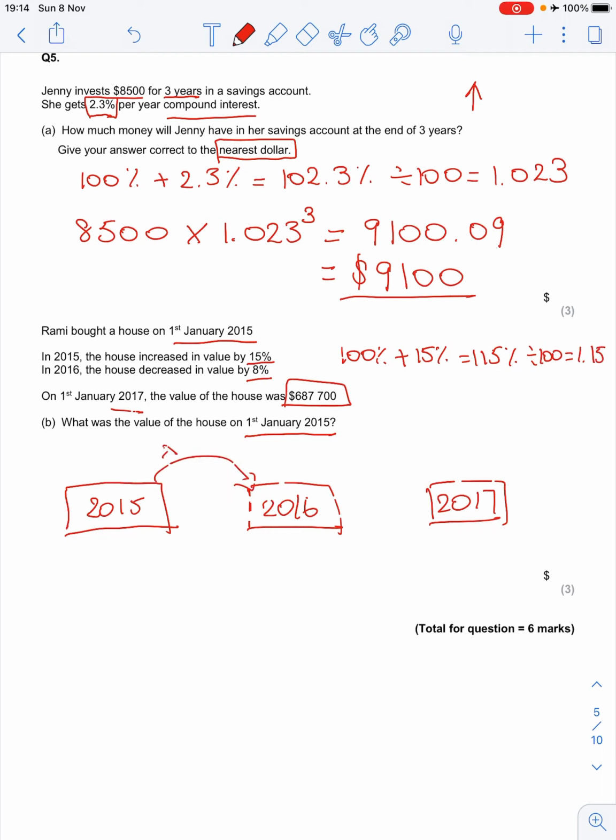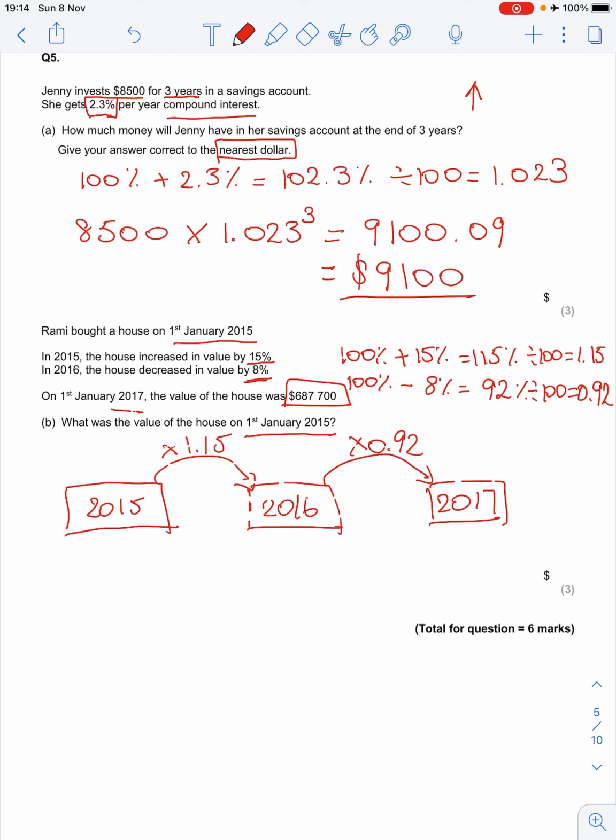So we multiply by 1.15. Then the next part, the cost decreases by 8%. So we always start from 100. So decrease means we subtract 8%. This is 92%. Changing it into a decimal multiplier equals 0.92. So we multiply by 0.92 to get to our value for 2017.